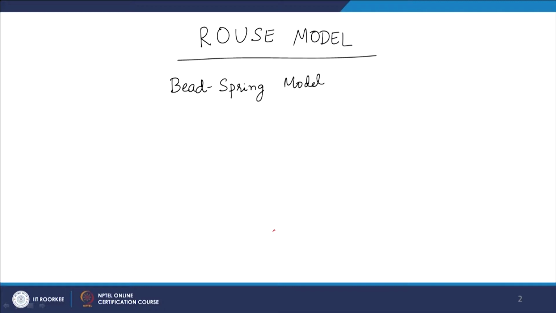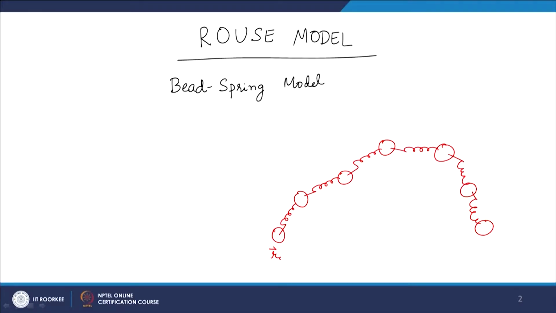So, you have beads connected by springs, and I can represent the positions of beads as say R0, R1, R2 to some say Rn, and now they are in a solution, and so of course they are surrounded by tiny solvent molecules.